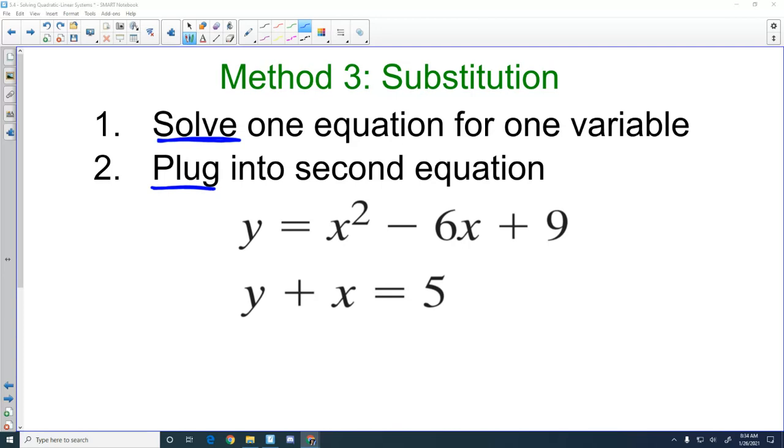Do you have enough time to write them down? Okay. So let's go through this method together.